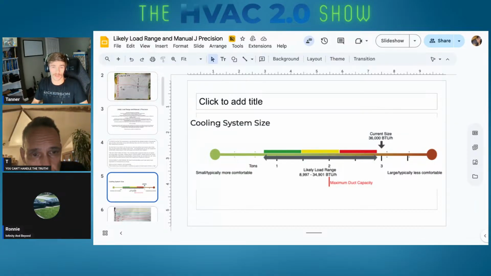And here's another thing: the likely load range can narrow up with the more information that you have. That's the role it fills. We know we can't have a full, complete understanding of what the load's going to be, so how do we convey that? Which has left us with likely load range.